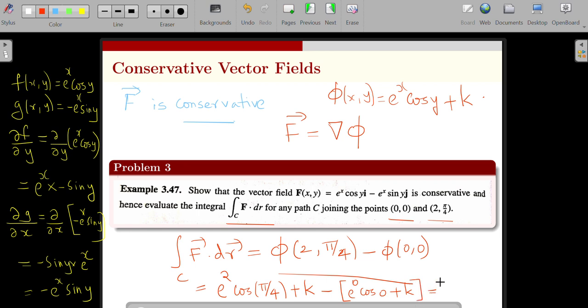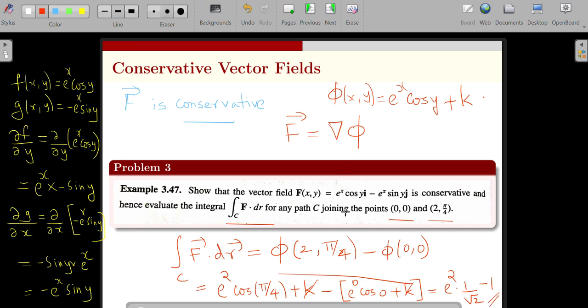This is equal to e square cos pi by 4 is 1 by root 2 and this k gets cancelled, minus e raised to 0 cos 0. Cos 0 is 1, e raised to 0 is 1, so minus 1.